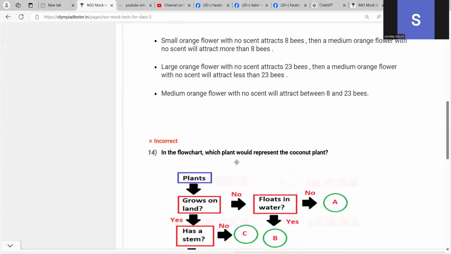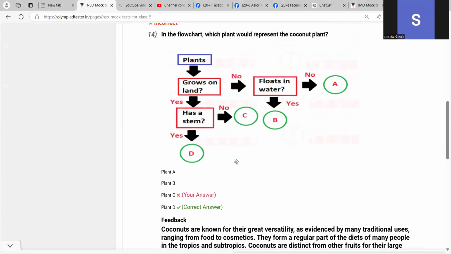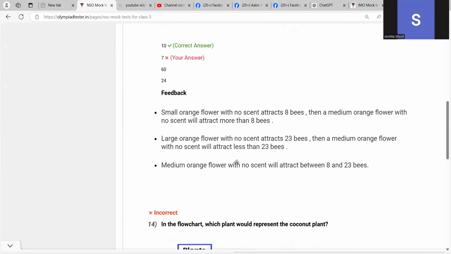Let's check why it is 10 and not 7. Small orange flower with no scent attracts 8 bees, then a medium orange flower with no scent will attract more than 8 bees. Large orange flower with no scent attracts 23 bees, then a medium orange flower with no scent will attract less than 23 bees.